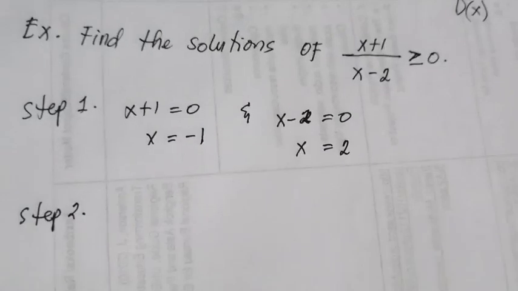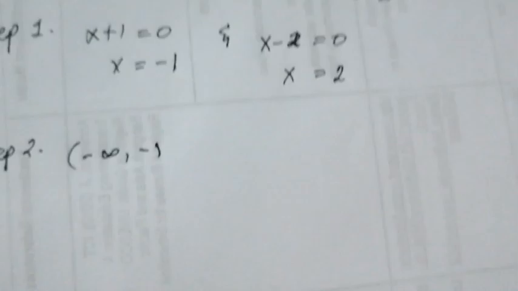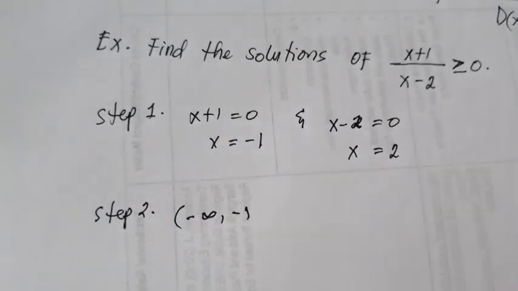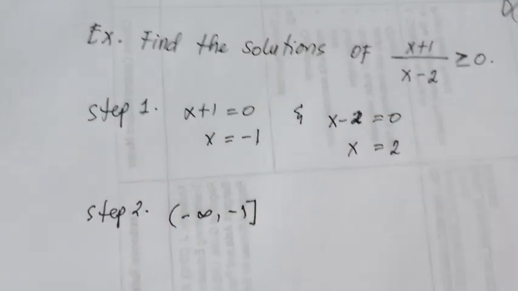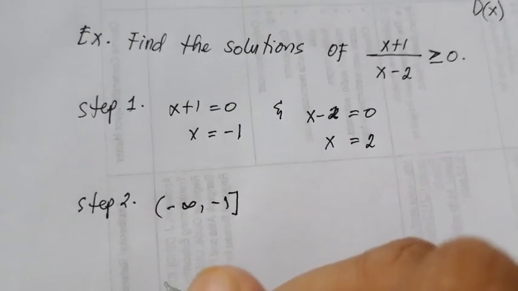So we have negative 1. The first interval would be negative infinity to negative 1. Okay? Next is we have another interval.